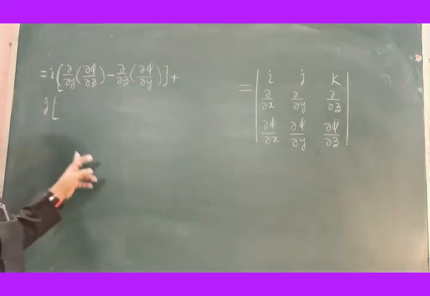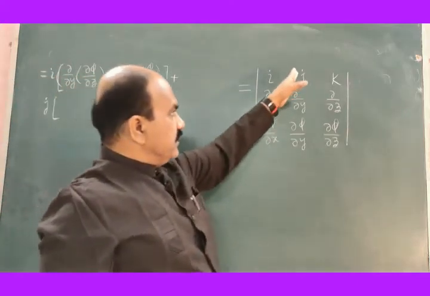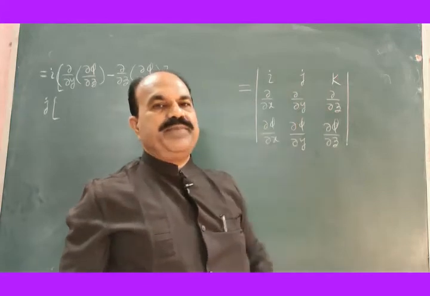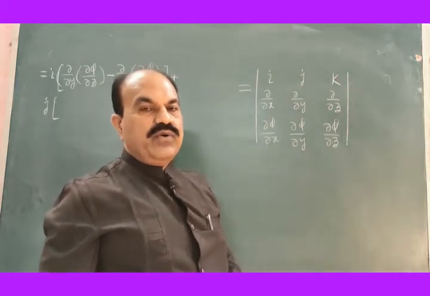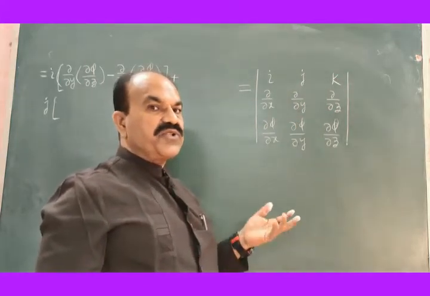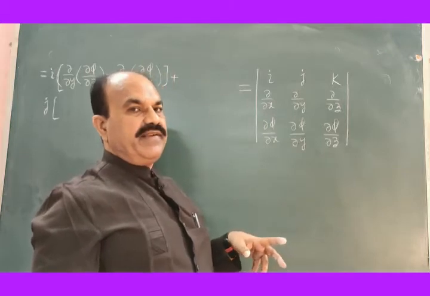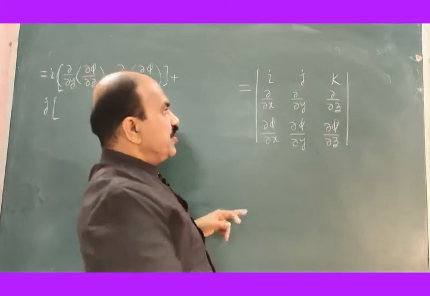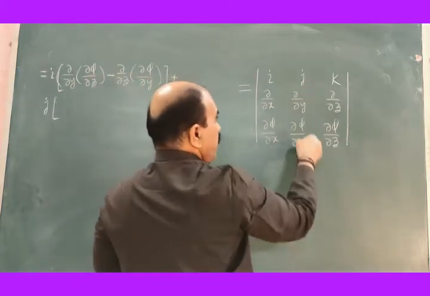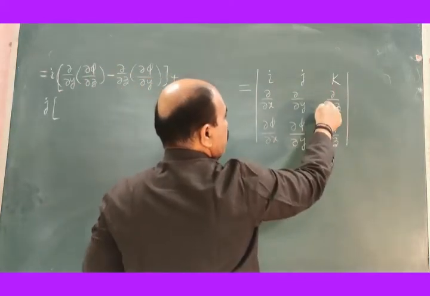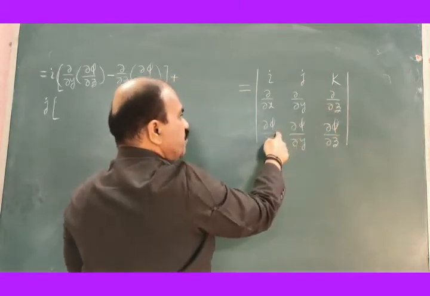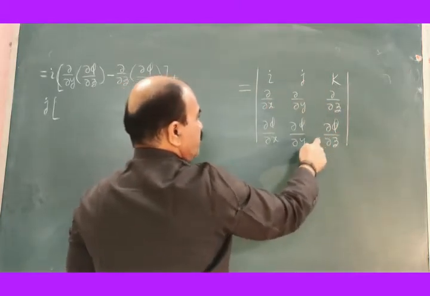I have taken plus j. This column, this row is skipped. Now I have to take the cross product in the reverse order, because I have taken plus j. So when this column, this row is skipped, what is left? This. Cross product of these two minus cross product of these two.